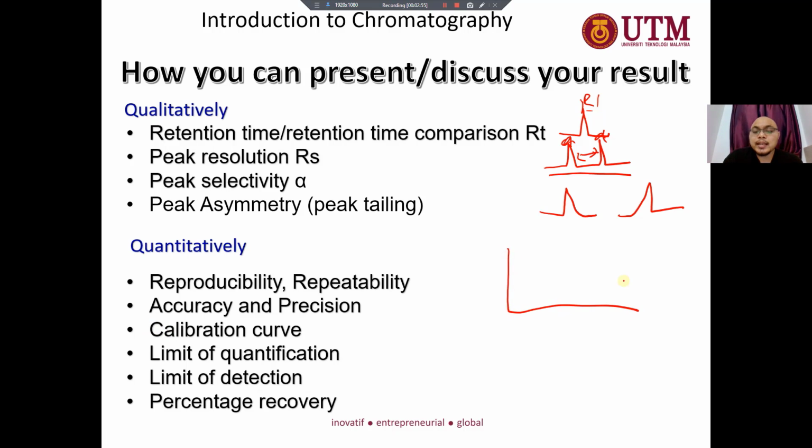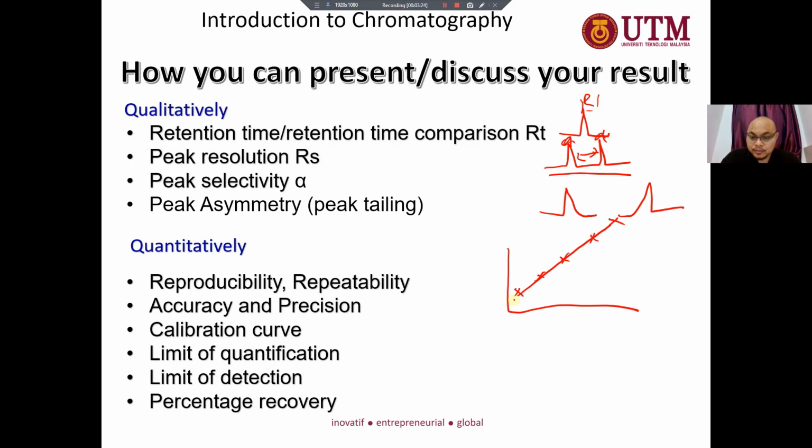It is where you run the analyte at several points, for example 1 ppm, 2 ppm, 3 ppm, 4 ppm, and 5 ppm. This calibration curve is really important for quantitative analysis. Without this, you cannot determine the amount or concentration of your analyte of interest.